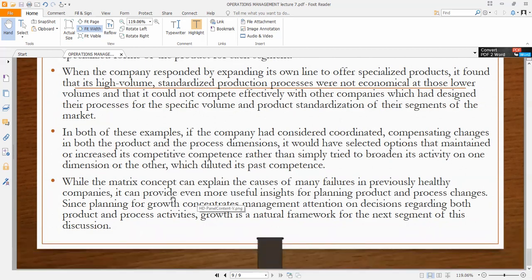While the matrix concept can explain the causes of many failures in previously healthy companies, it can provide even more useful insight for planning product and process changes. Since planning for growth concentrates management attention on decisions regarding both products and process activities, growth is a natural framework for the next segment of this discussion.